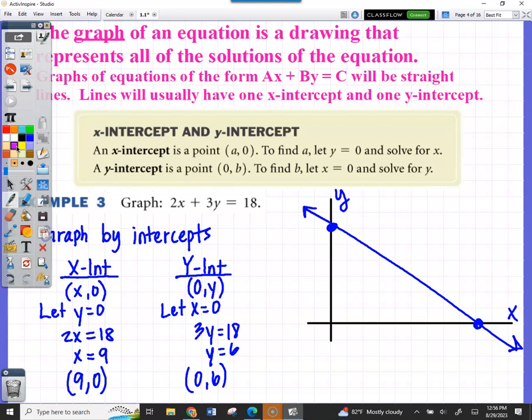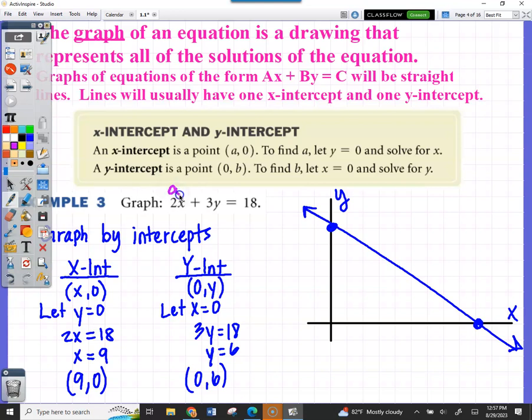This only worked out nice because what happened when we plugged 0 in with these numbers? They divided nicely, right? The coefficient was a factor of the number that was left. So that's basically the caveat: don't use this method if C is not divisible by A or B. Because in that case, this is ugly.